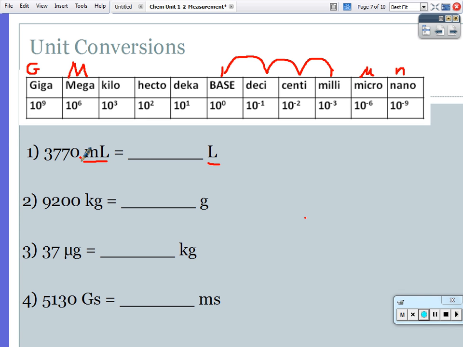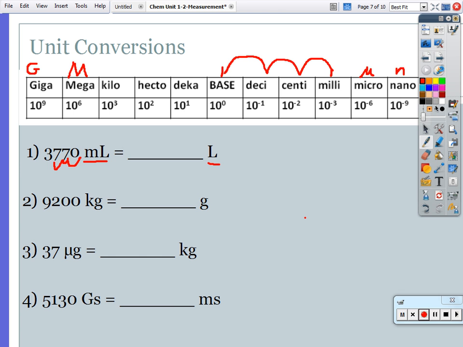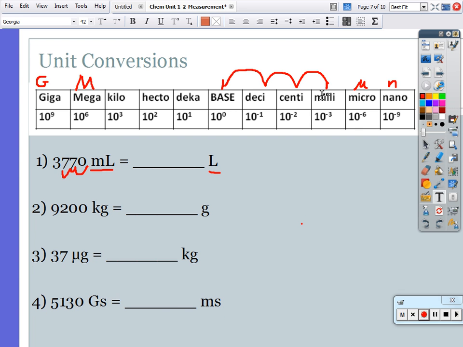So I'm going to jump 3 spots. 1, 2, 3. So now my answer will be 3.770 liters.